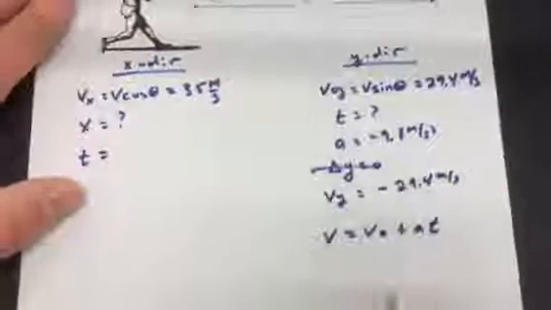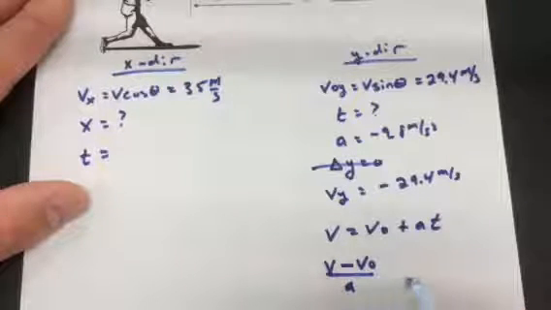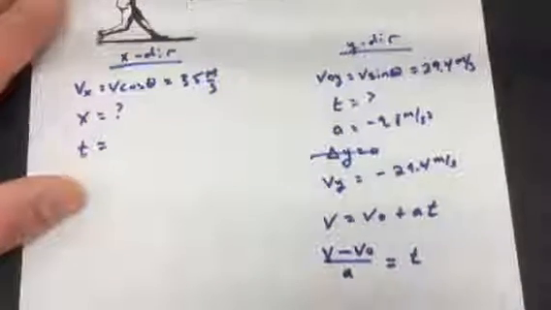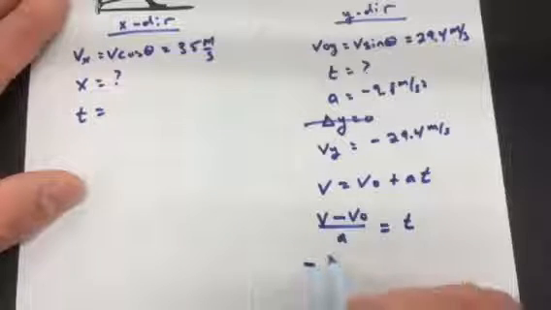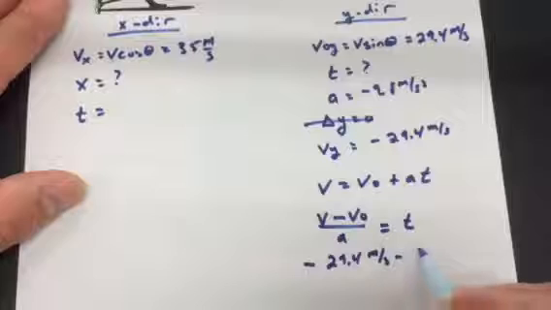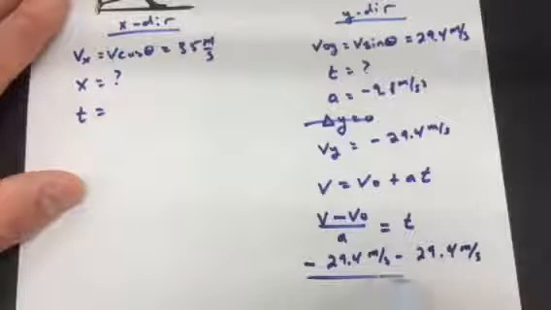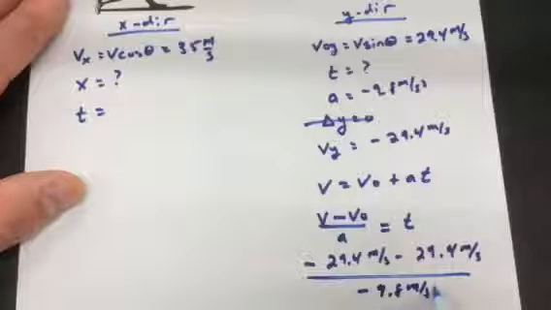If I manipulate it for t, I have v minus v naught divided by a is equal to t. All right, so we have negative 29.4 meters per second minus positive 29.4 meters per second, all divided by a negative 9.8 meters per second squared. You can see that negative down here is important.